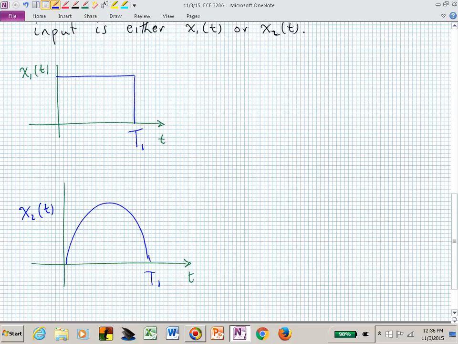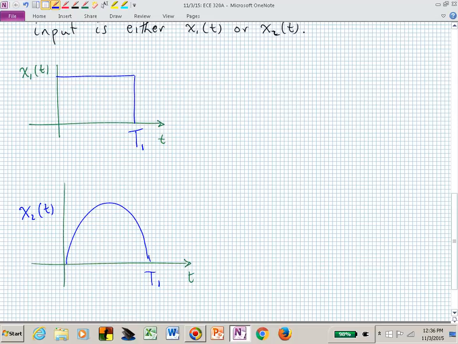If that's what you apply to your system's input, x, either x sub 1 or x sub 2, what would you get for your output y? And what would you expect the output to look like? This is maybe what I want you to be thinking about now. How would the output, let's say y sub 1 of t, look relative to x sub 1?